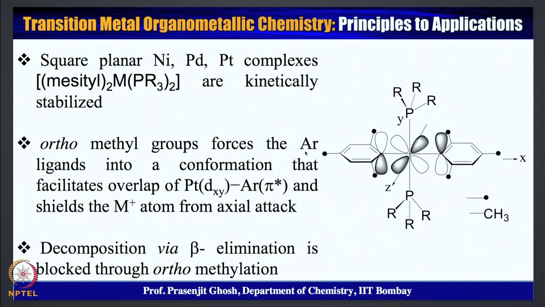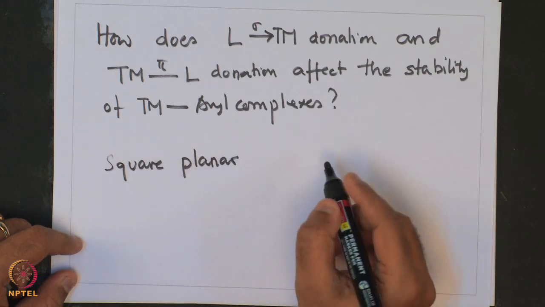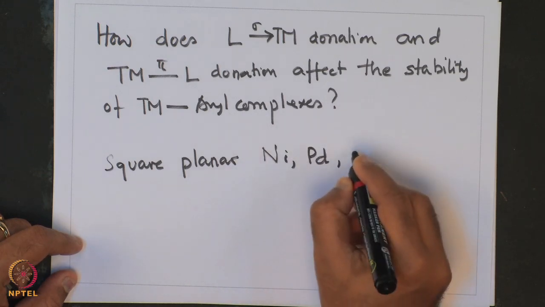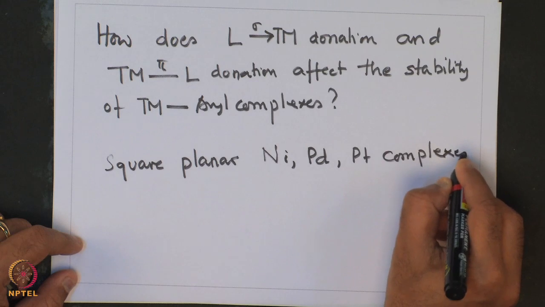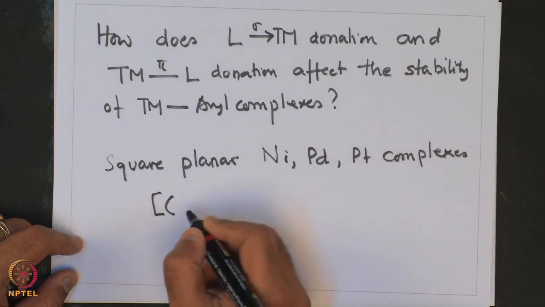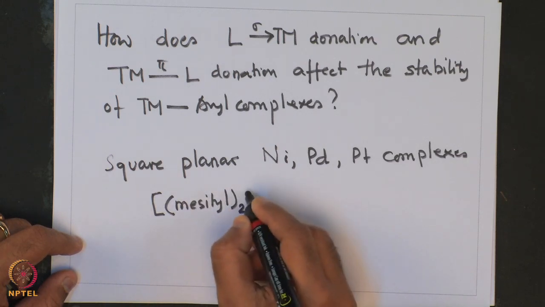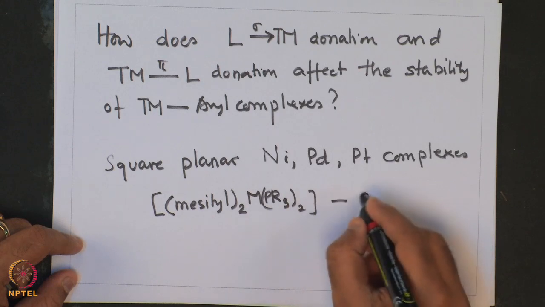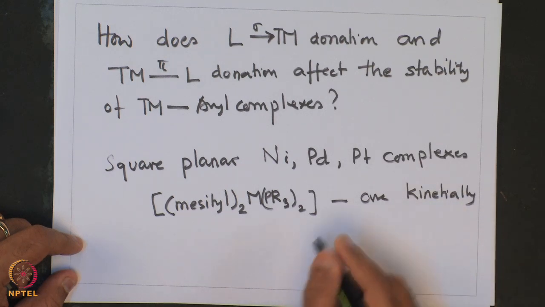And the best examples of these are square planar nickel, palladium, platinum complexes of formula mesityl M PR3, which are kinetically stabilized.